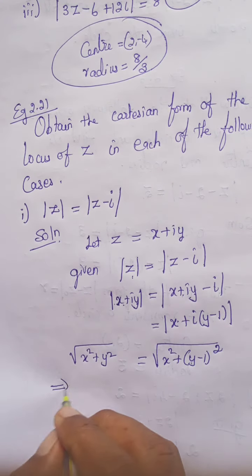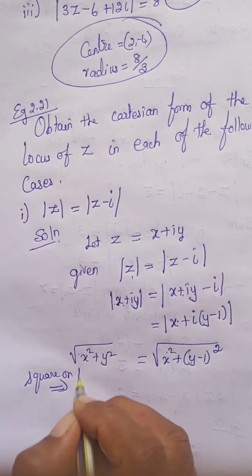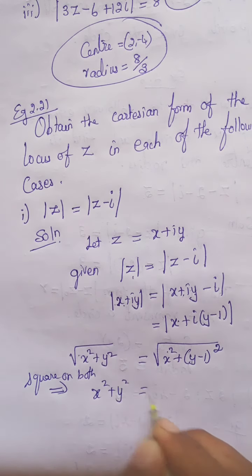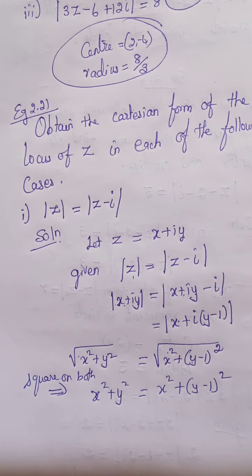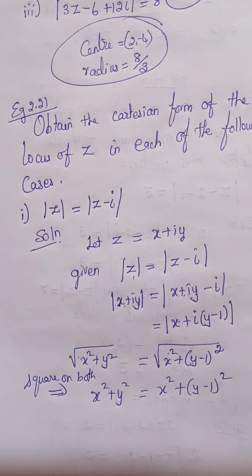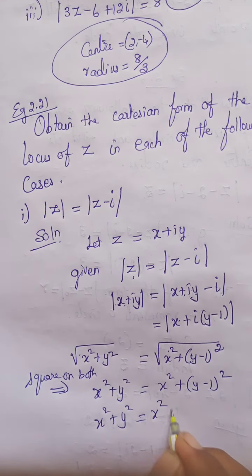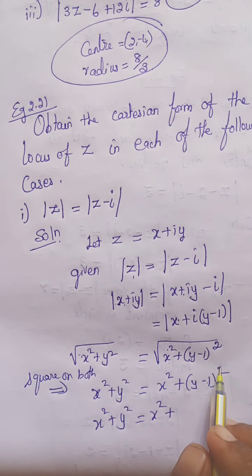Which implies, when we square on both sides, what happens? x square plus y square equal to x square plus y minus 1 the whole square. Now we have to simplify and write the answer. See, x square plus y square equal to x square plus, this is of the form a minus b the whole square.